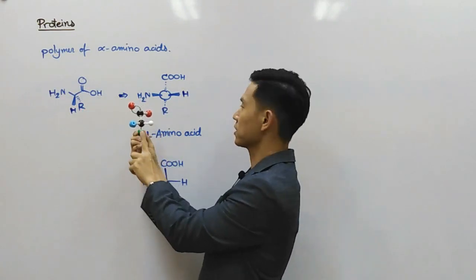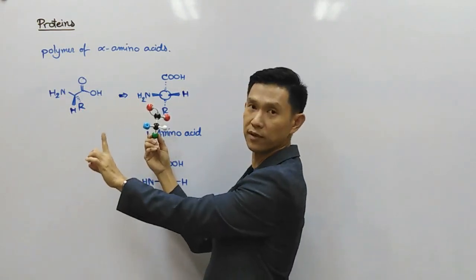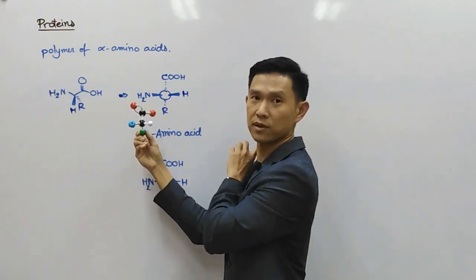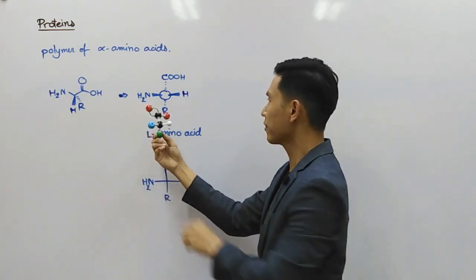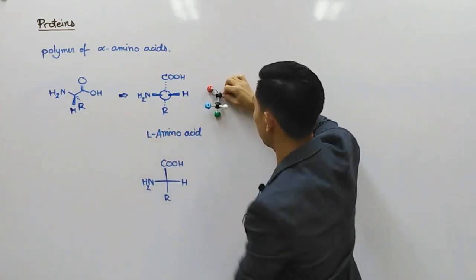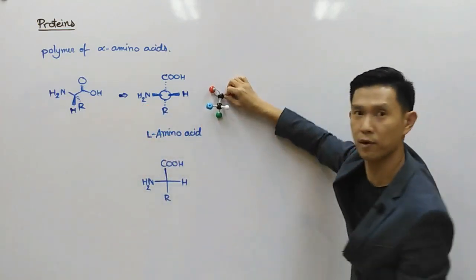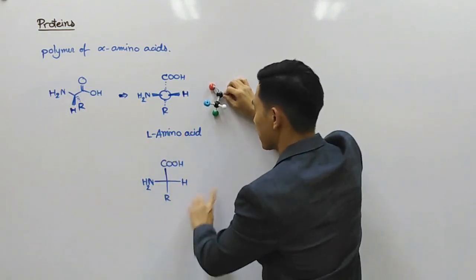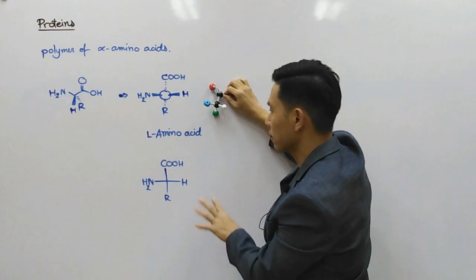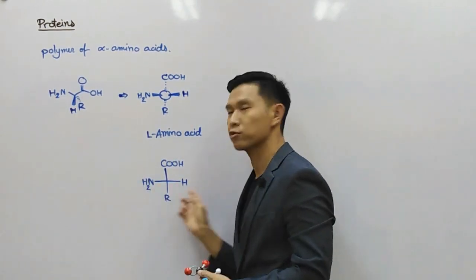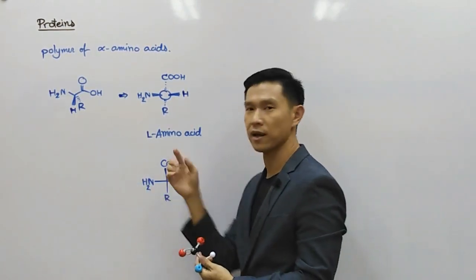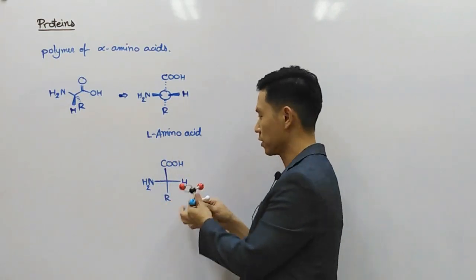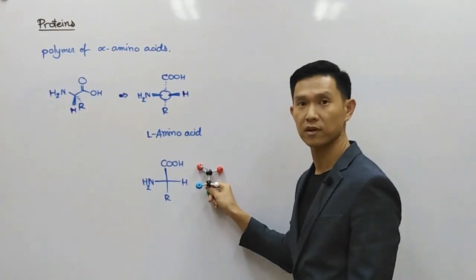In this structure, your NH2 is pointing towards your left-hand side, and the hydrogen atom is pointing towards your right hand. Then we just project it on the whiteboard into two dimensions, so we make a cross here. By the law, the cross means that the vertical line points downward and the horizontal line points upward. So this is it.